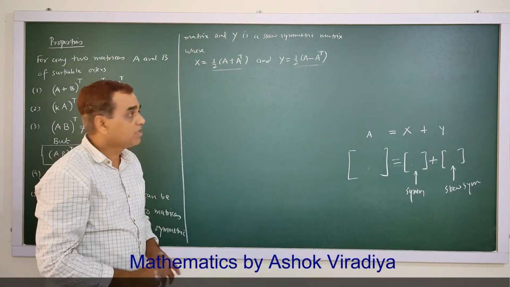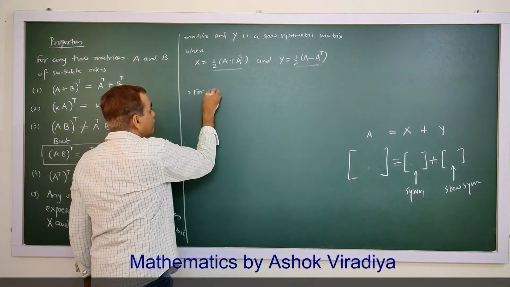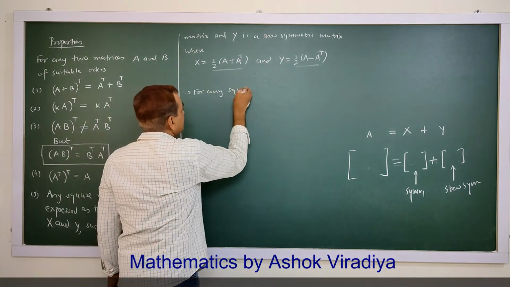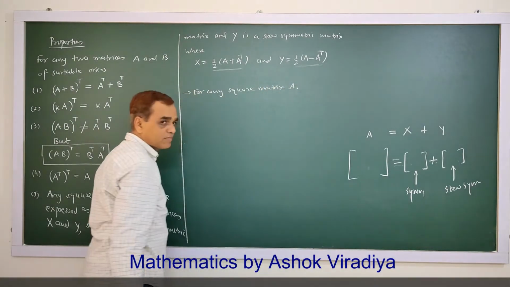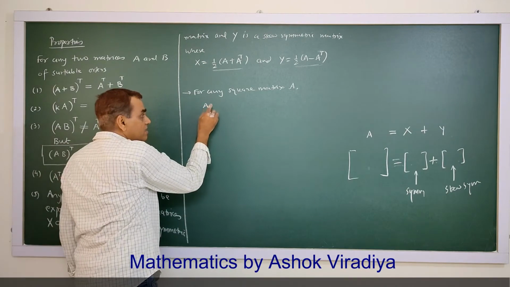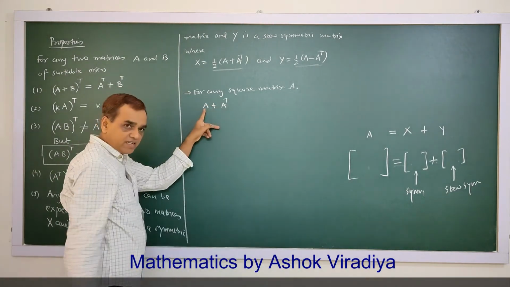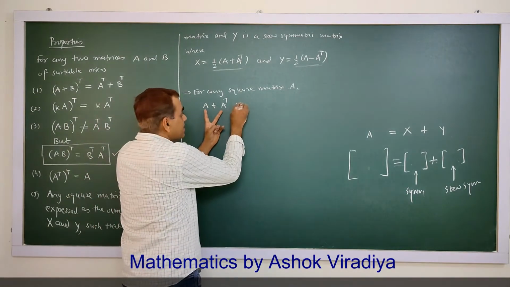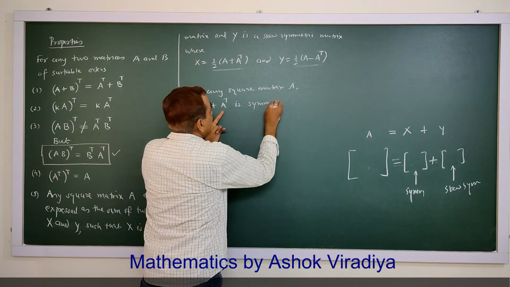Remember, for any square matrix, if you add A transpose to A, then this matrix is always a symmetric matrix.